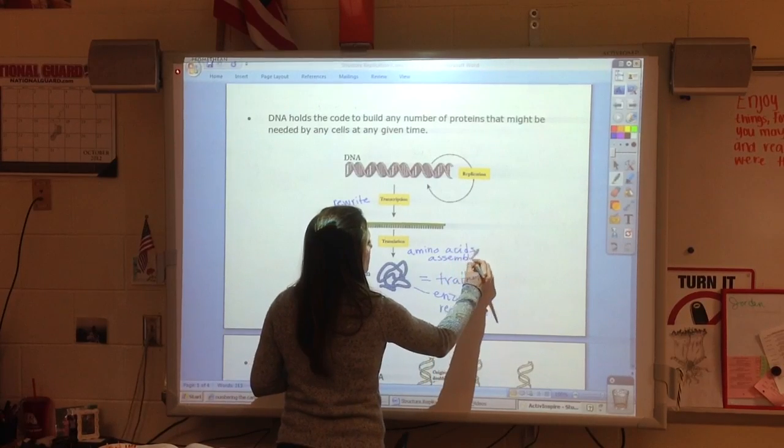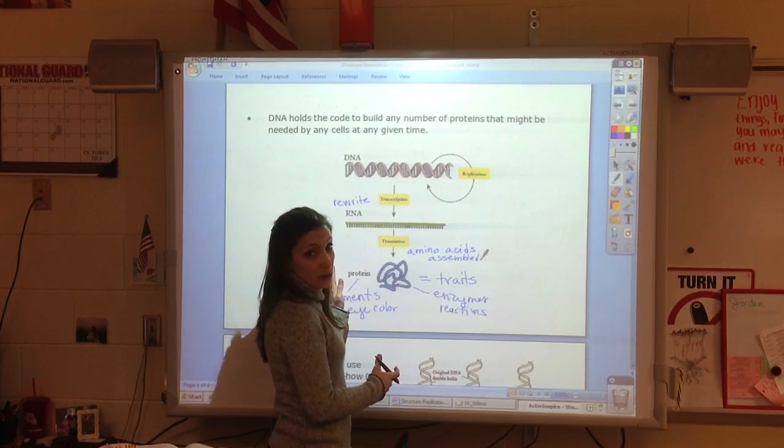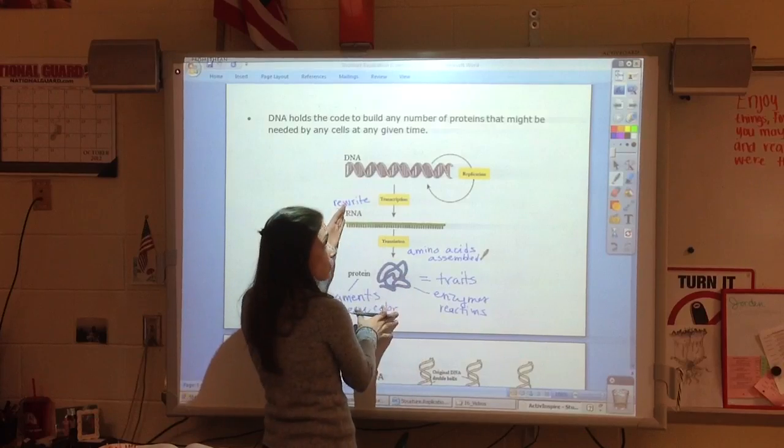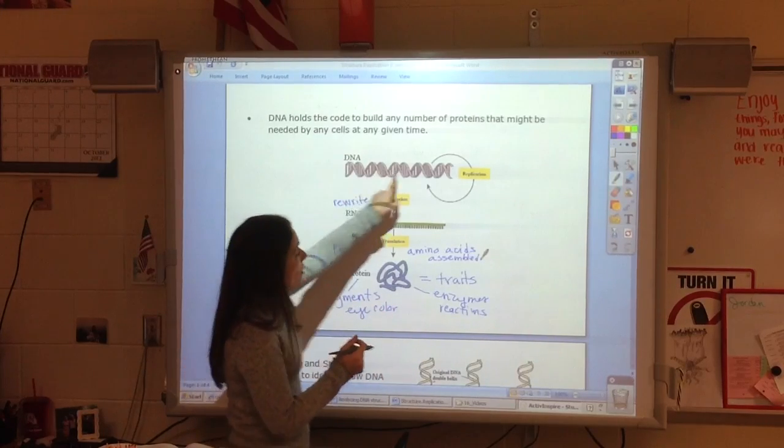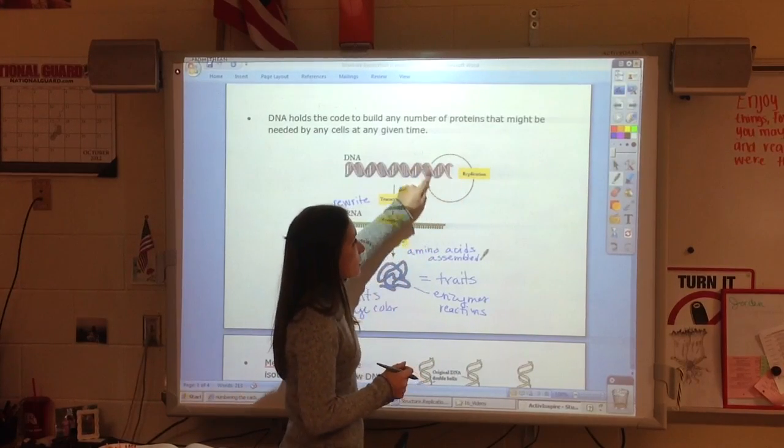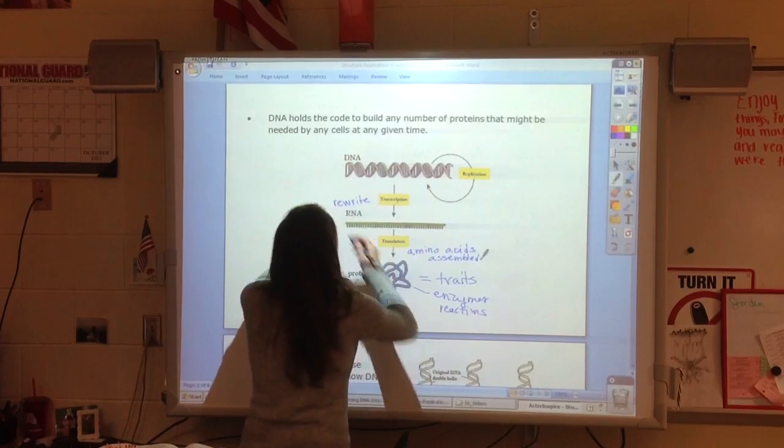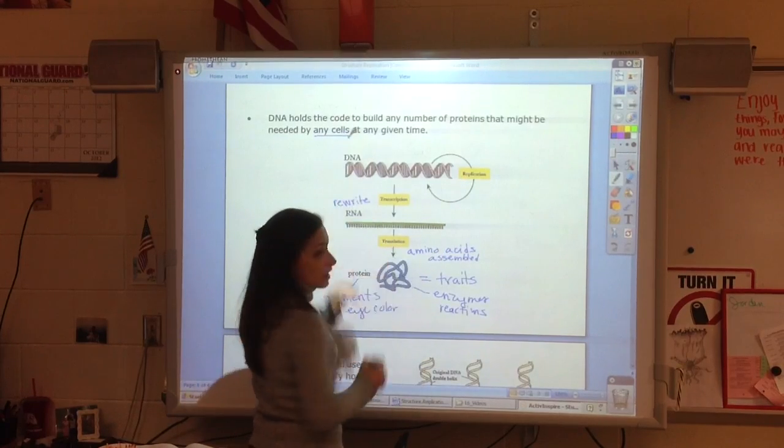So this is a little bit of review maybe from your introductory bio class, and a preview of what we're going to be talking about later. But another really important part of the job is the concept of replication. So it needs to be in any cell.